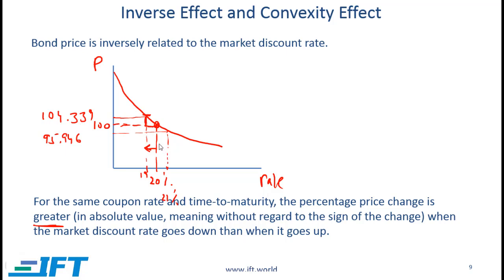But when the market rate increases by 1%, then the price falls by only 4.05%. So visually you can also see that the drop in price when the rate increases is less compared to the increase in price when the rate decreases. And that leads to a convex shape. Convex when we view the graph from the origin. And this sort of a shape is called a convex shape, and this feature is called convexity.